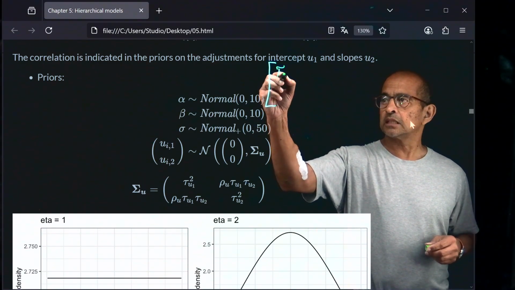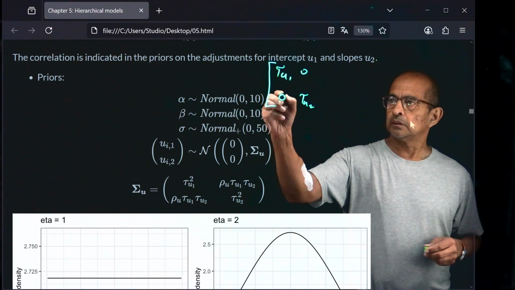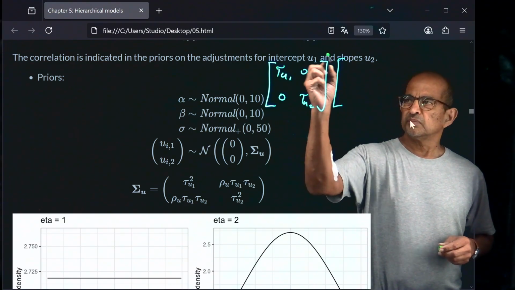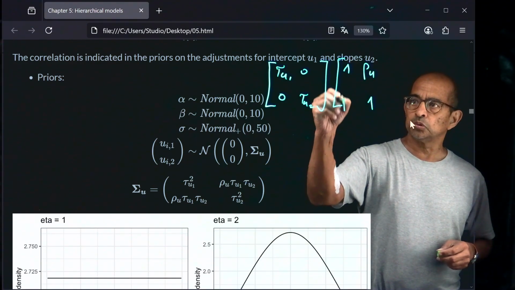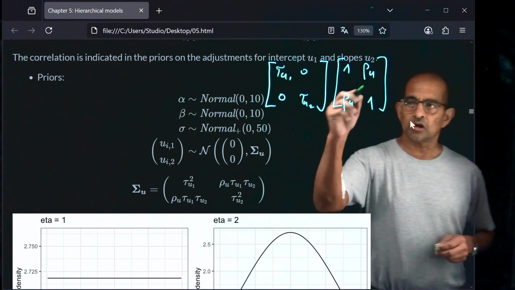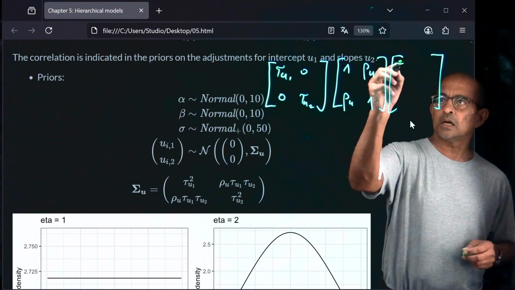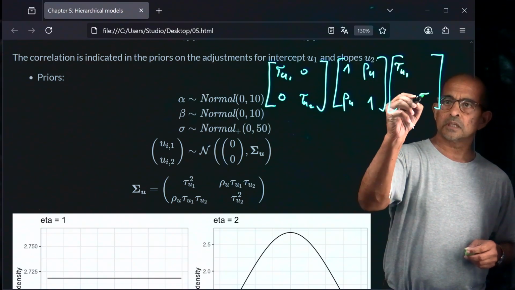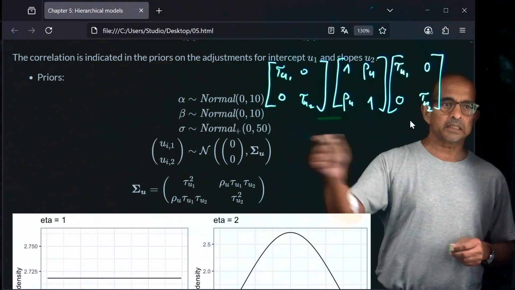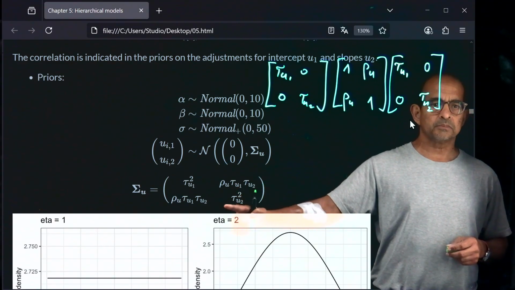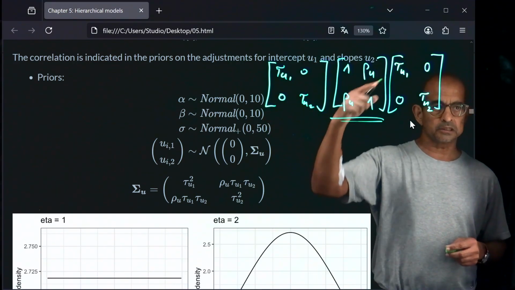So I could write tau u1, tau u2 multiplied with a correlation matrix, also square matrix, with rho u on the off diagonals, and finally we have the tau u1, tau u2 standard deviations, okay, in the last matrix here. So if I multiply these guys out, I'm going to get this matrix here. And so this matrix here, this is the decomposition of our variance covariance matrix, okay.